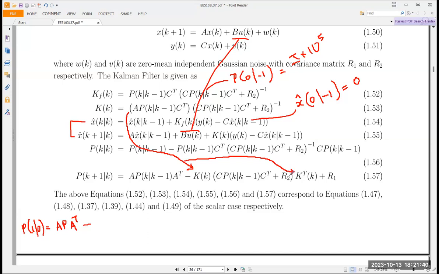If you do that, then the rest is exactly the same.